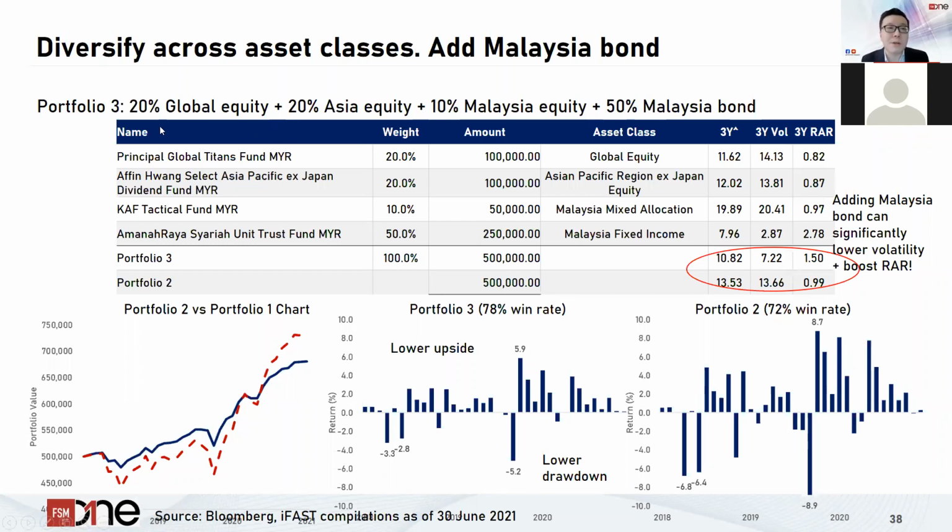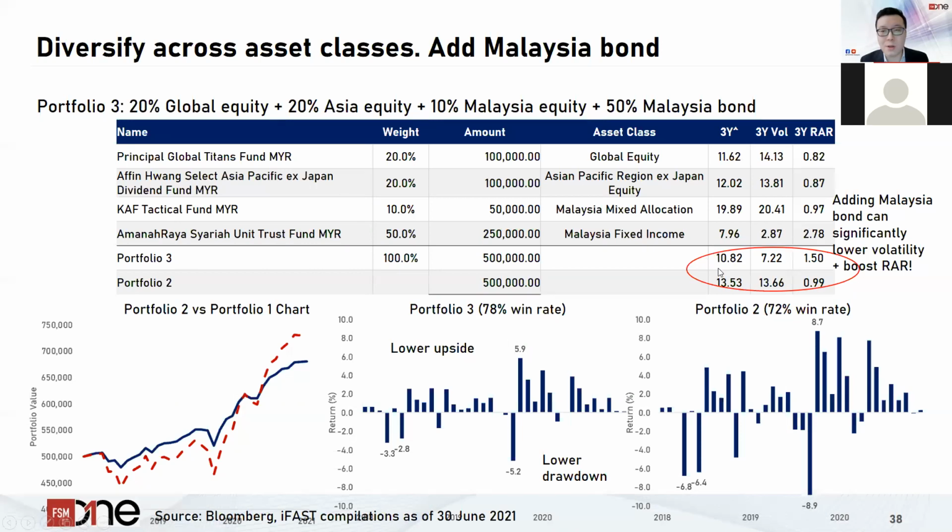In this example, let's put 20% in global equities, 20% in Asian equities, 10% in Malaysia equity, and 50% in Malaysia bonds. So effectively, it becomes a balanced portfolio, right? Because 50% bonds, 50% equities. When you put them all together, the return is about 10.8% in the past 3 years, and the vol almost halved from 13.66 before to 7.2, right?